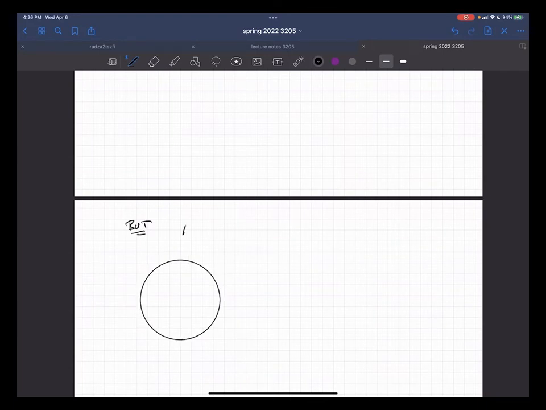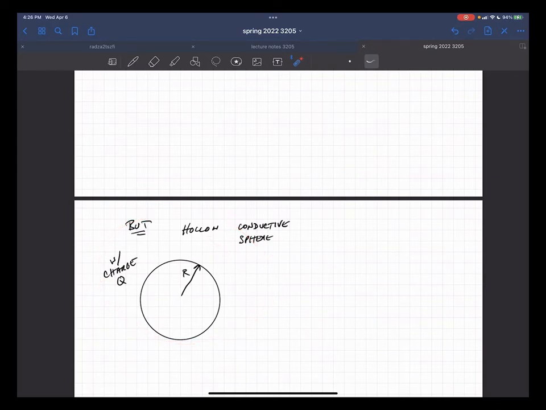Okay, so let's say we had a hollow conducting sphere of radius R with charge Q on the surface. Okay, and then we want to figure out what the electric field and potential are at any point for this problem.